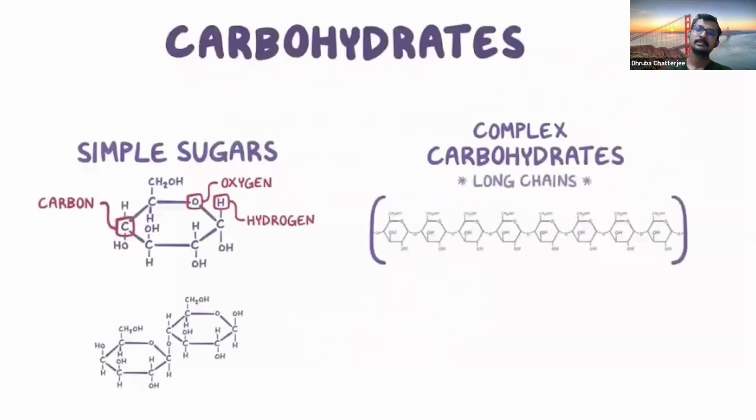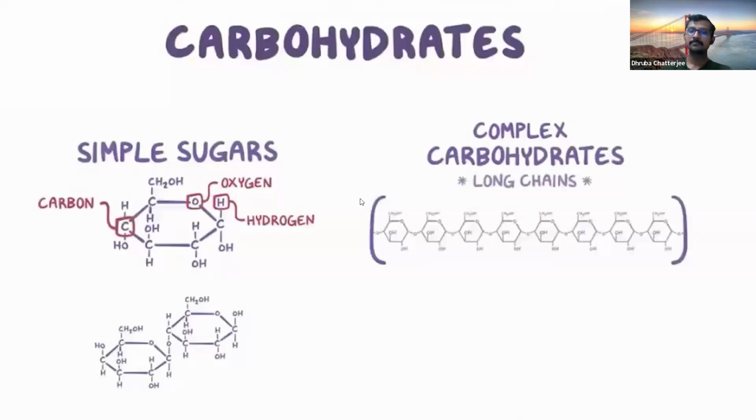Okay. Now the last type of biomacromolecule that was discussed this week are the carbohydrates, right? So carbohydrates or sugars. In the case of carbohydrates, the simplest units are monosaccharides, right?